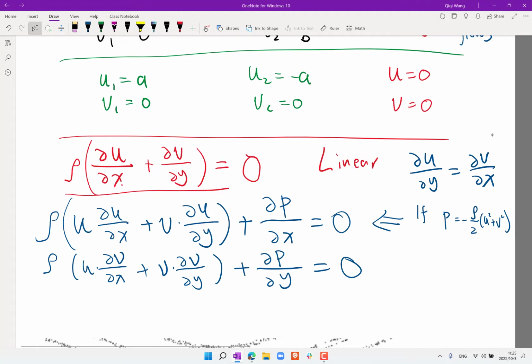Any constant would not change this equation at all because I'm taking the derivative. Then if I substitute p equal to that, then what is dp dx?